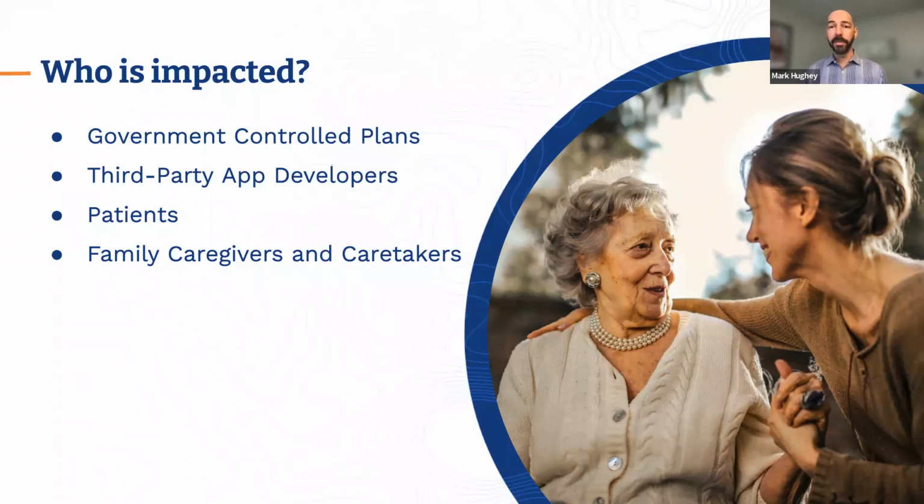Third-party app developers now have the ability to pull data from payers on behalf of patient users. This takes the existing mechanism of patients utilizing their HIPAA right of access and extends it to a third party so the patient can access their data in a method of their choosing. And there are also specific provisions for family caregivers and caretakers who would need access on behalf of the patient.